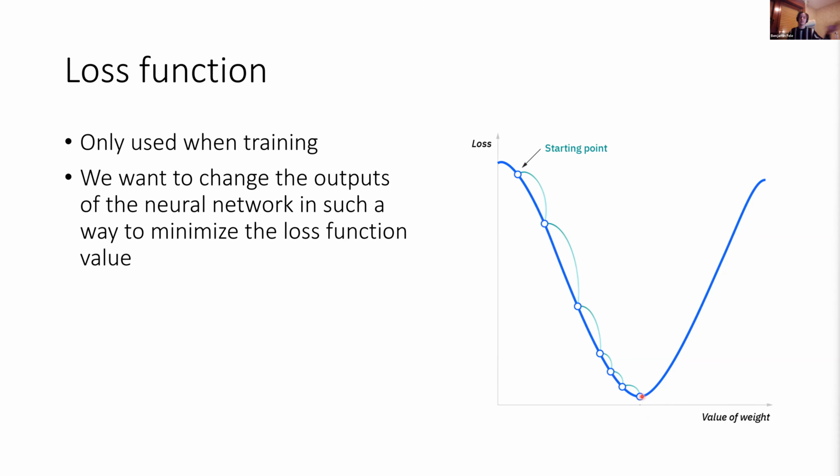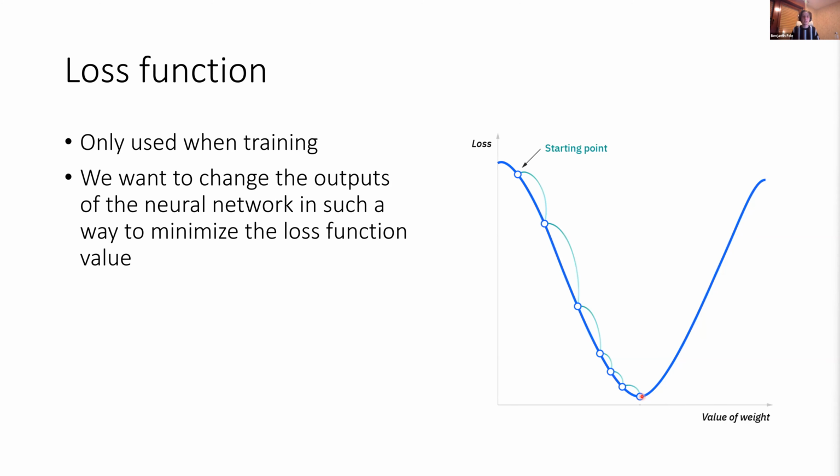Now, in the real life example, it's maybe a bit hard to say what the real loss function would be, but in a mathematical sense, it is often noted as, let's say, a difference between some target outputs and the current outputs of the neural network.